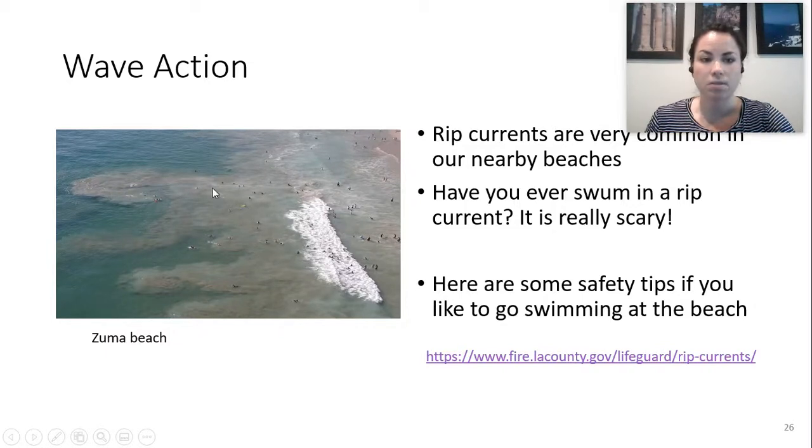So if you're experiencing a rip current, the rip current is going to force you out this way. You'd want to swim in a perpendicular motion to that. So you'd want to swim parallel to the coastline, and therefore perpendicular to the rip current.